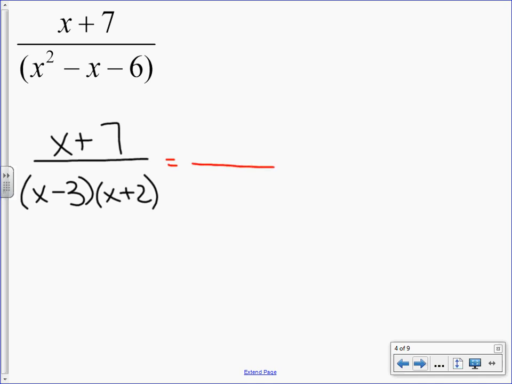So one is going to be something over x minus 3. The other is something over x plus 2. And right now we're going to write A and B. Tomorrow that's what we're going to figure out how to solve for.